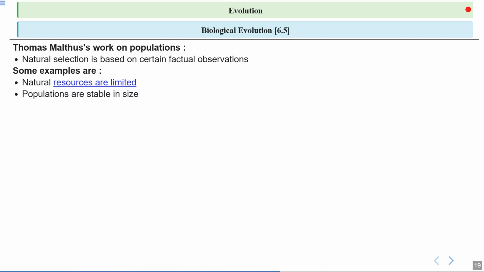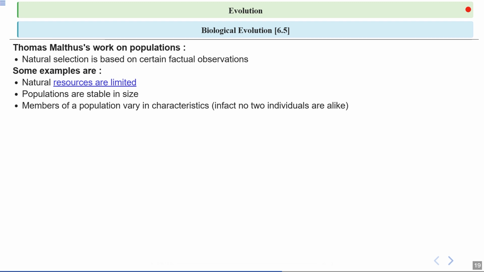Thomas Malthus basically said that population stability is unlikely, because the population grows exponentially and the resources are limited. He also said the members of a population vary in characteristics, and in fact no individuals are alike. He also said most of the variations are inherited by the next generation.